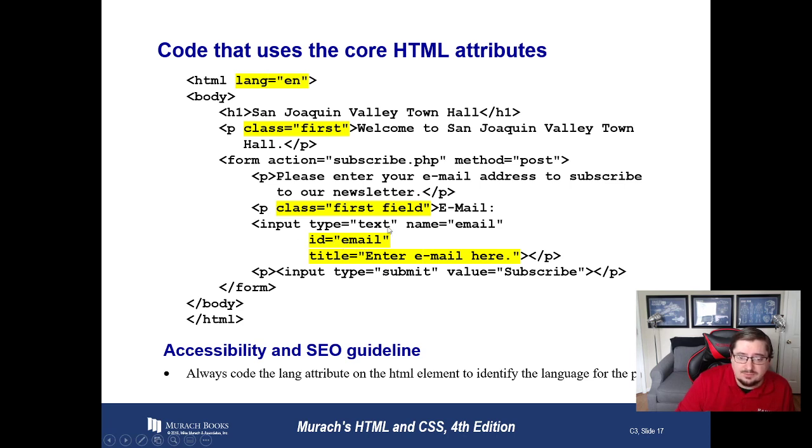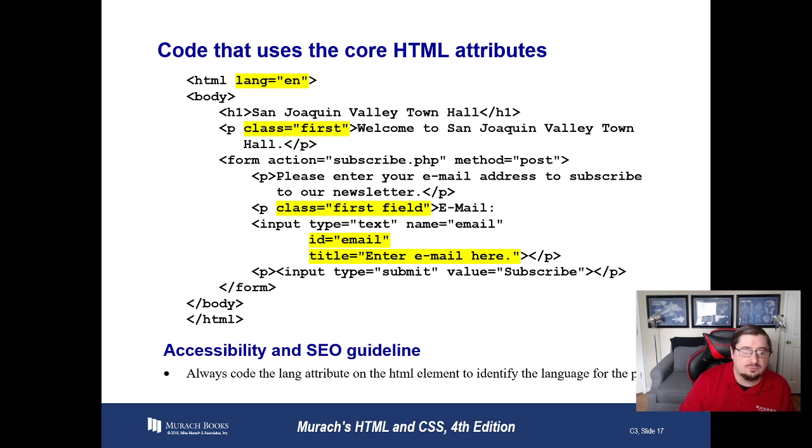Then down here, this input tag has an ID email, and the title is set to enter email here. So we talked about class and ID. ID has to be unique throughout the entire page. Remember, class, you can apply the same class to more than one element across the page, and both of those things, ID and class, can be used to reference the element both in CSS as well as in JavaScript.